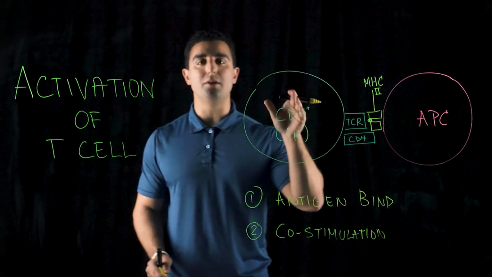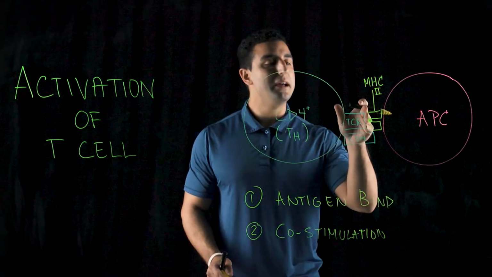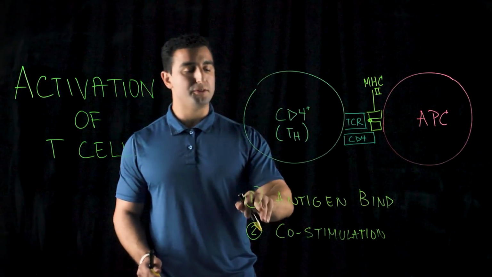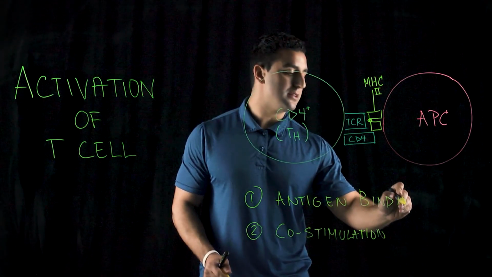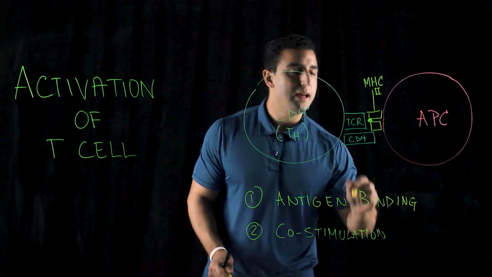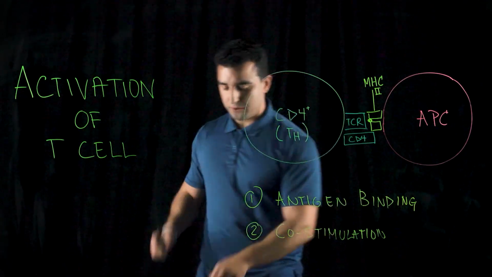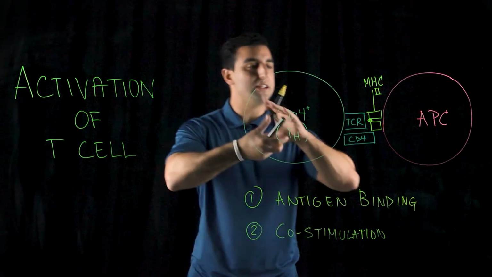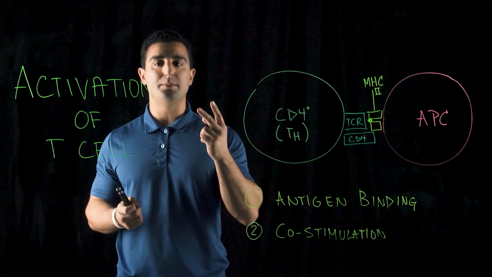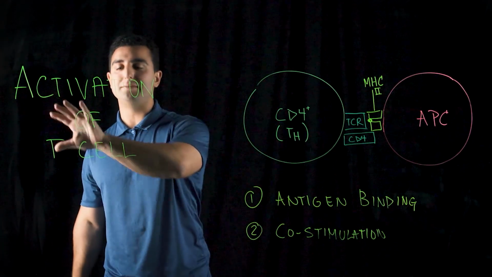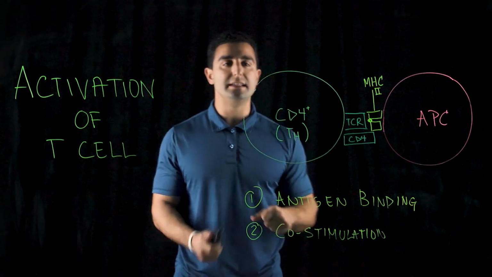Both of those must be organized, arranged and active in order to trigger the first response. And this is where the antigen binding response becomes important, all right? After this, you have them meshed together. You need to have a second response in order to have complete activation of these T cells, right?